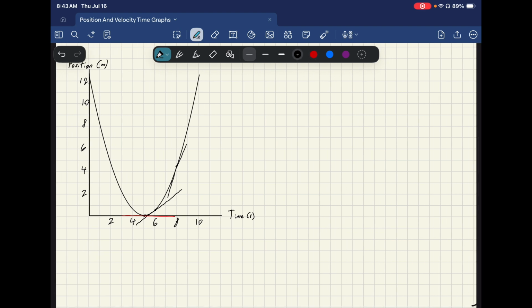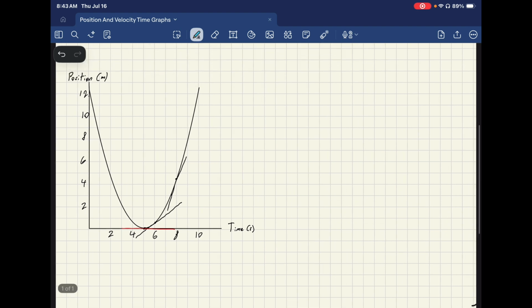And we can't use our other equation to calculate that. In order to calculate the exact velocity at these times, you would need the derivative. And we will get into that later. But the important thing to remember is that a positive slope equals a positive velocity.